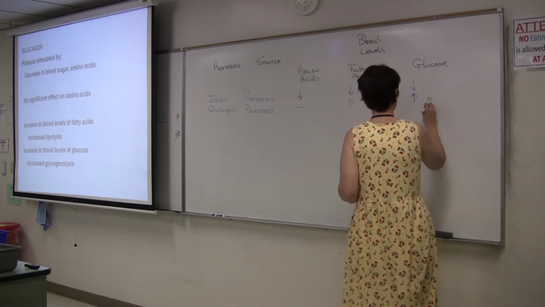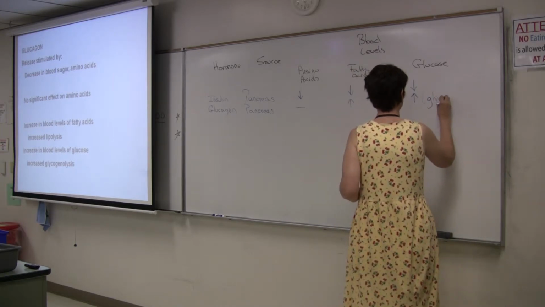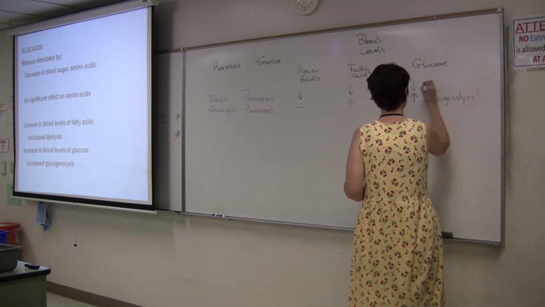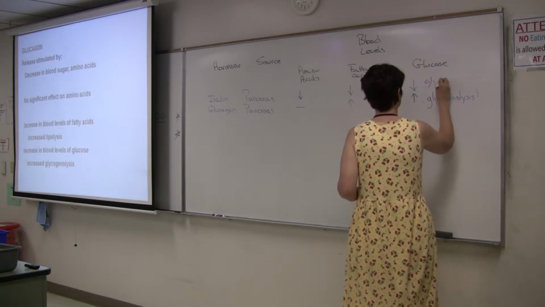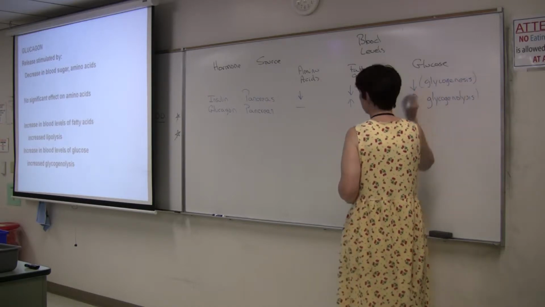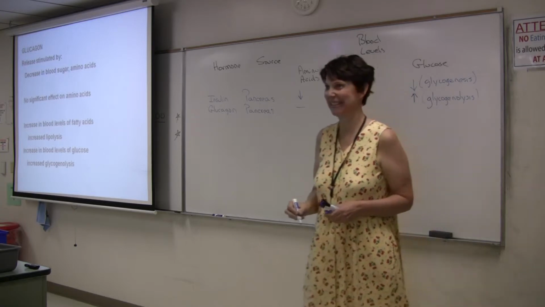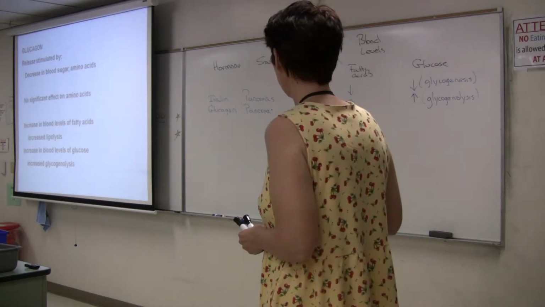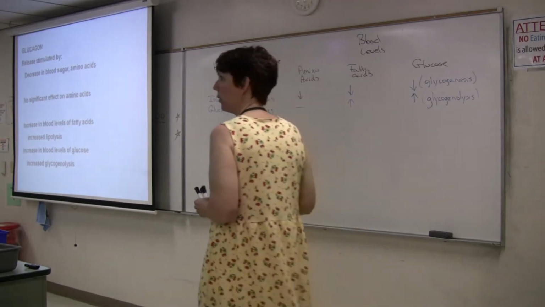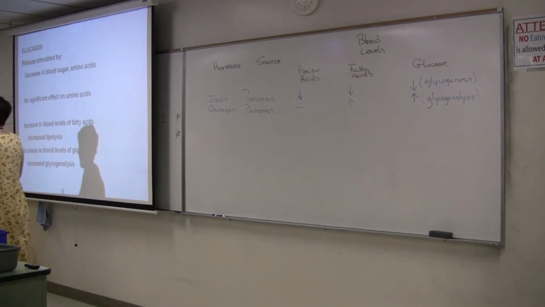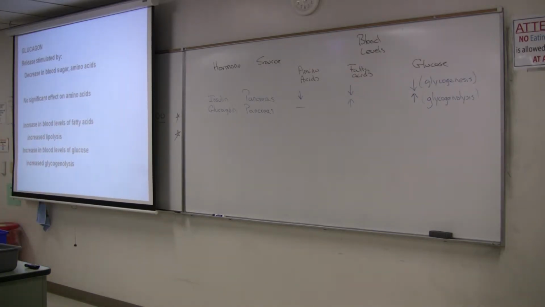So remember, these are hormones that have to do with glycogenesis and glycogenolysis. Not the gluconeogenesis, all right, that we'll see with our other hormones. So someone who is hypoglycemic is more likely to have a problem with insulin or glucagon?